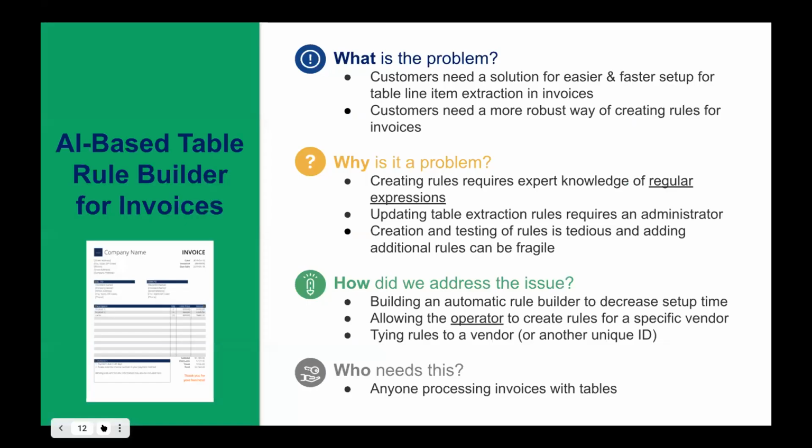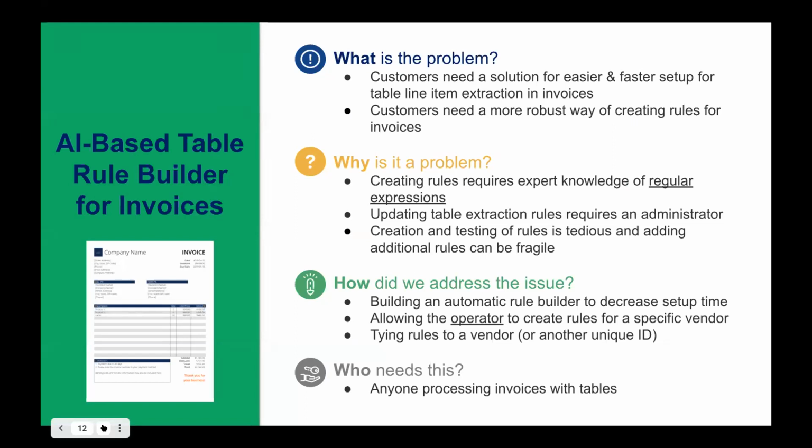Great, thanks again, Darren. So let's talk about the AI table rule builder, why we decided to build this feature, and what benefits it is going to provide. As it stands, Transact has many powerful table extraction capabilities, but building the rules to configure table extraction can take some time, and it requires a certain skill level.